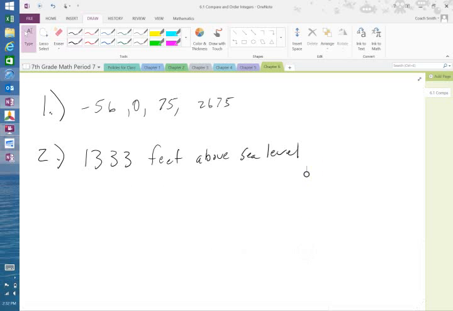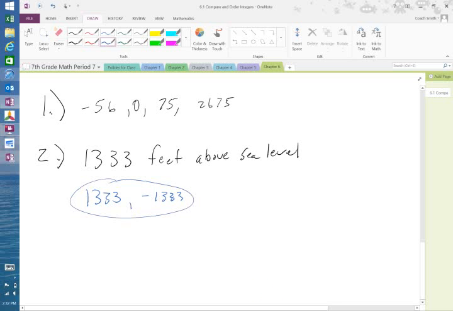Okay, so being above sea level, would that be positive or negative? It'd be positive since you're not a fish. So that would be 1,333. Now, what is the opposite of 1,333, Jesse? Right. So negative 1,333. So those two things are your answers.